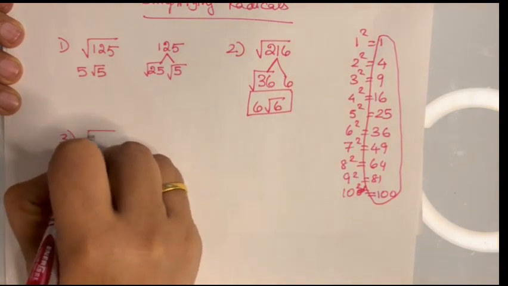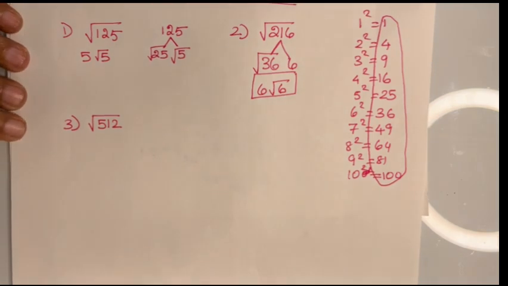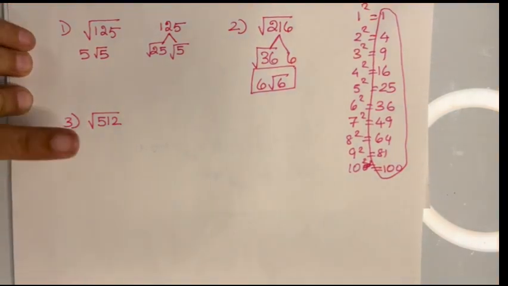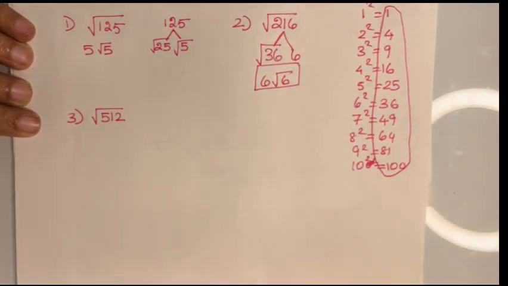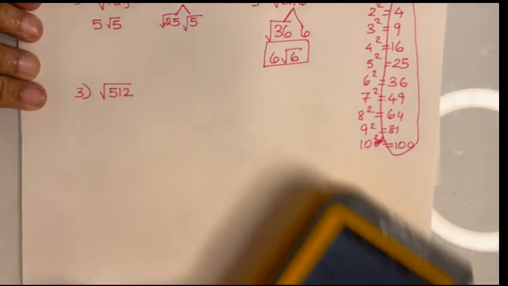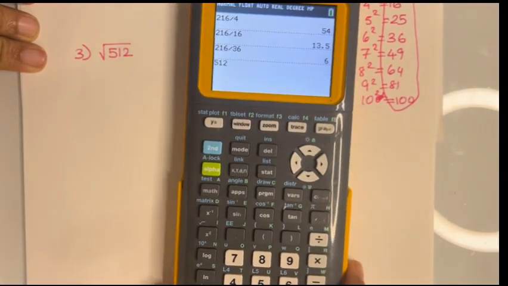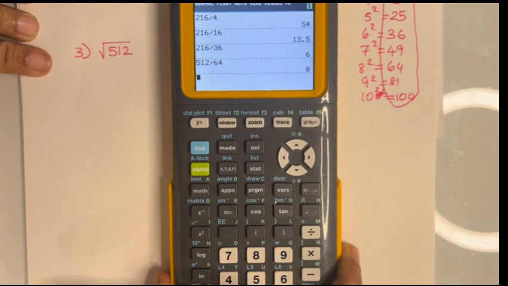Square root of 512. These are big numbers, so you have to be a little careful over here. What perfect square goes into 512 evenly? So let's see, we have 512. I'm trying to divide by 64. Yeah, that divides evenly.